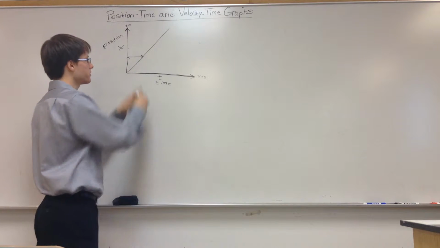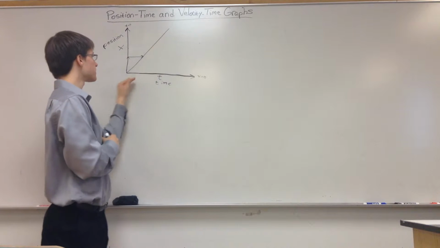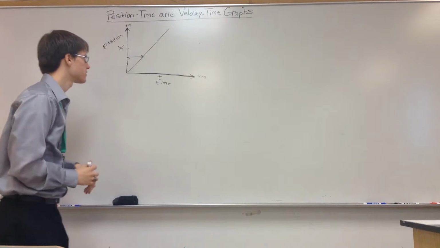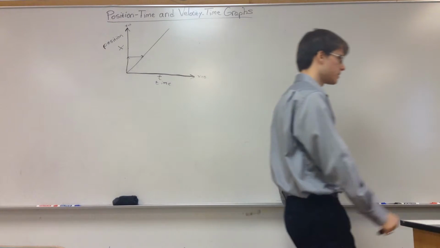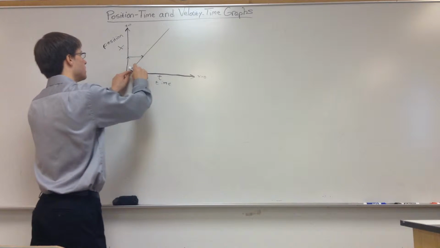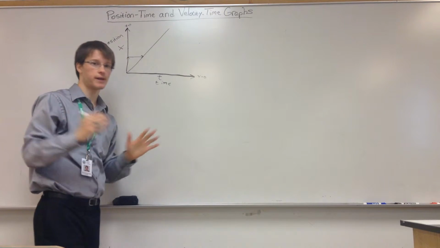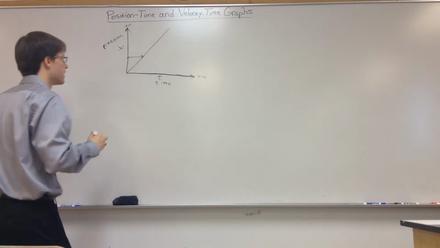You have a positive over positive, so this is a positive slope. What this says is that my position is increasing as time progresses. So if my origin is behind me, I walk at one constant speed away from my origin, right? Because in each second, my position changes by the same amount. So I can't be speeding up or slowing down or anything like that.